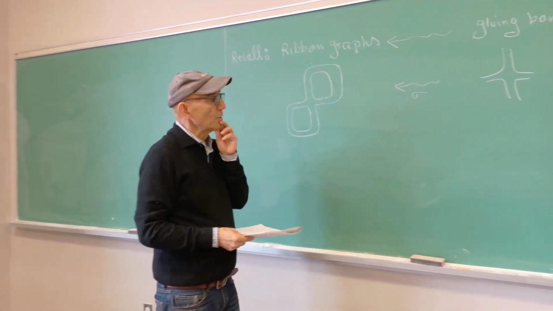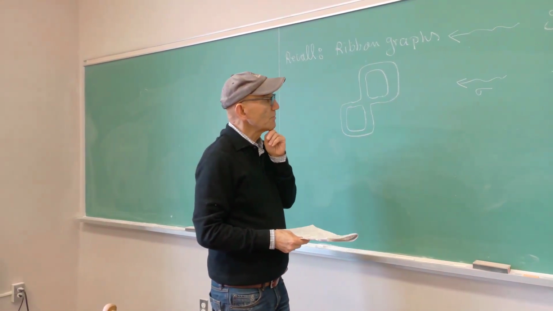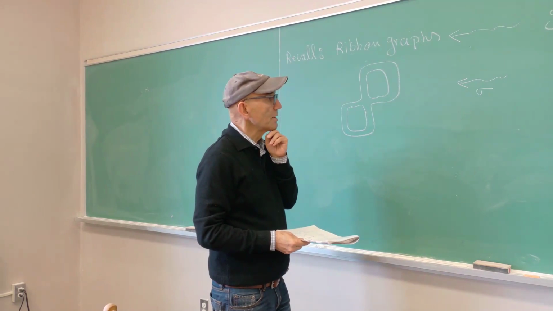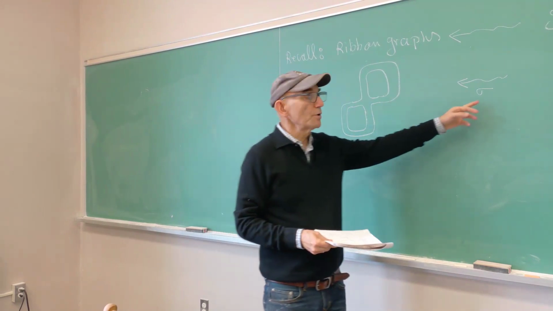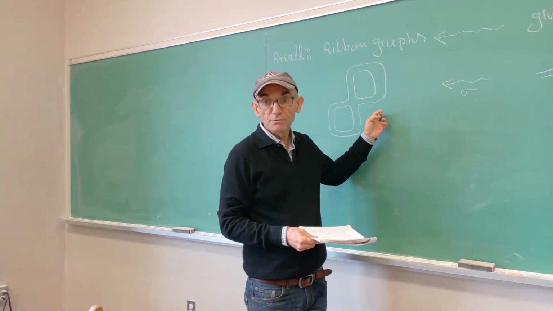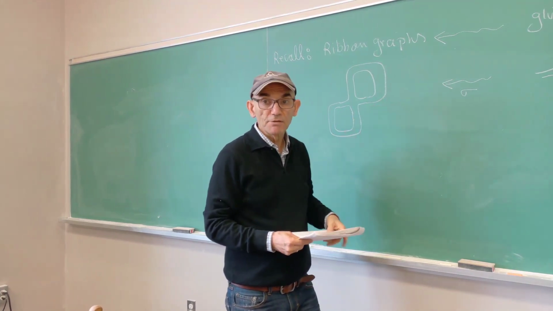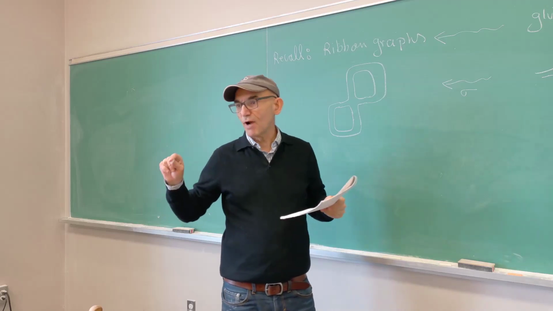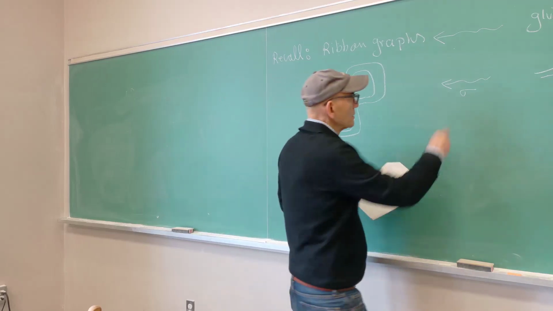Now, one thing we have to notice, maybe I was not very clear in the last lecture, is that different gluings can lead to the same ribbon graphs. So we have to be careful. We saw that also in the case of usual graphs.